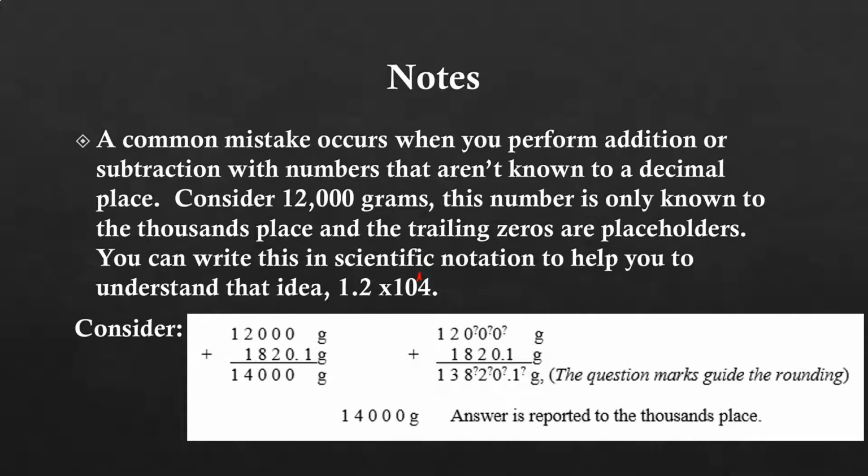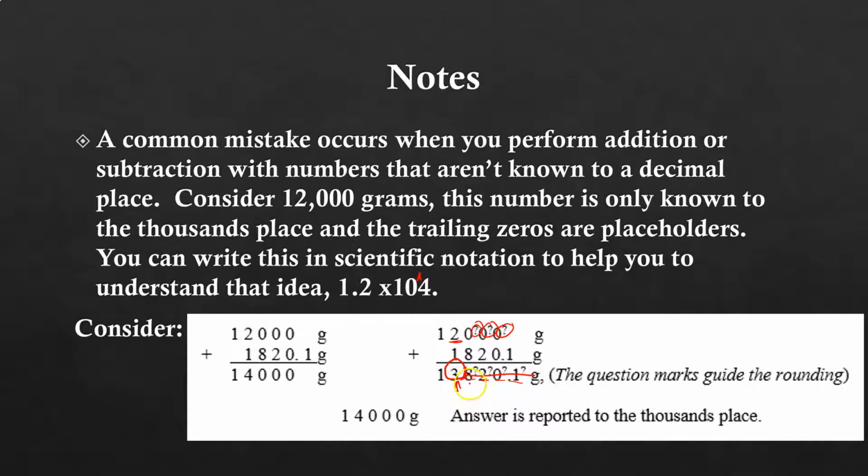Okay, so consider these two numbers. We line them up, but we notice that only one of them is known to that place, and neither of these technically are, because they're not significant. And so when we do this, it tags the 8, 2, 0, and 1 with a question mark, meaning this is my last uncertain digit that I can keep, because anything extra I can't use.